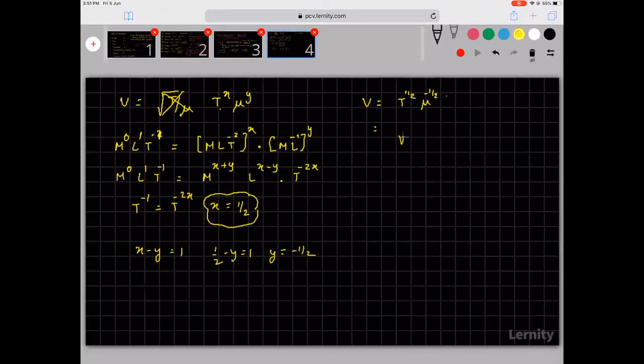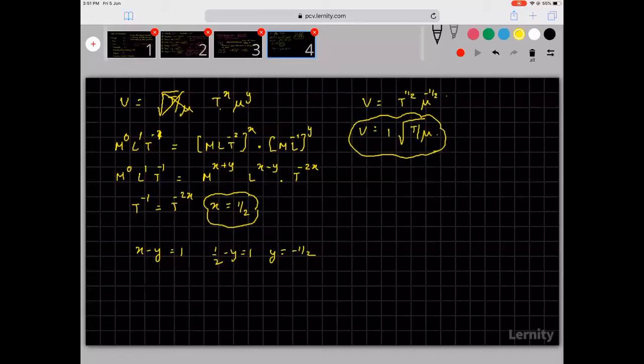When I work it out, it is equal to root over of T by mu. So this is how I get it. This constant I find out by doing some more experiments, and I see that the constant is equal to 1.